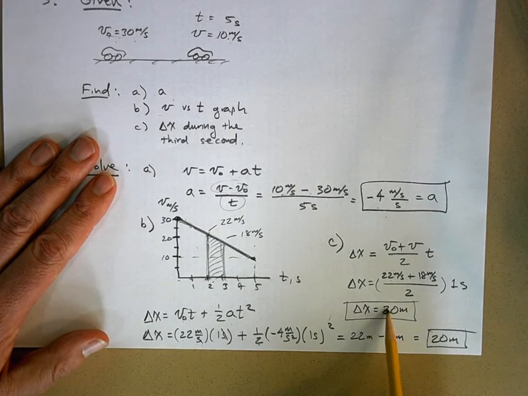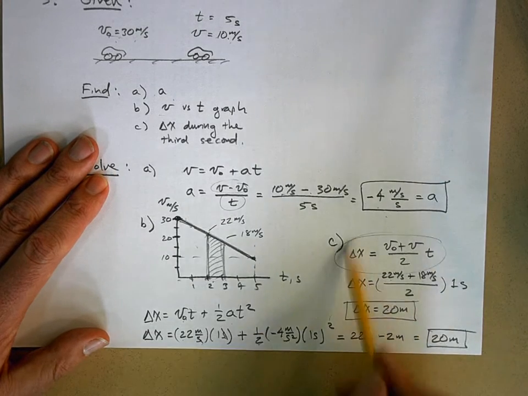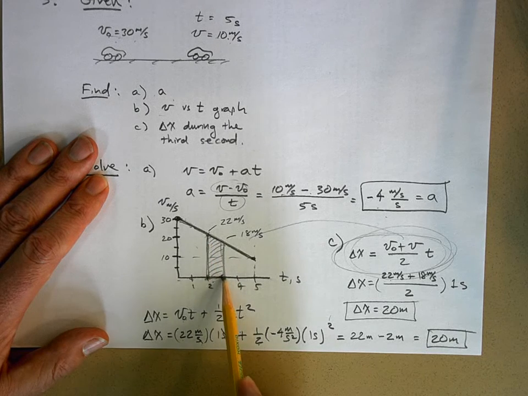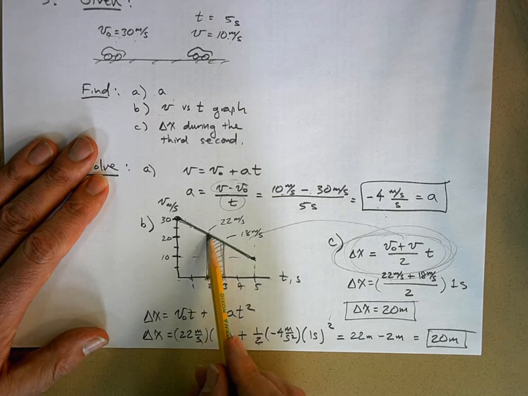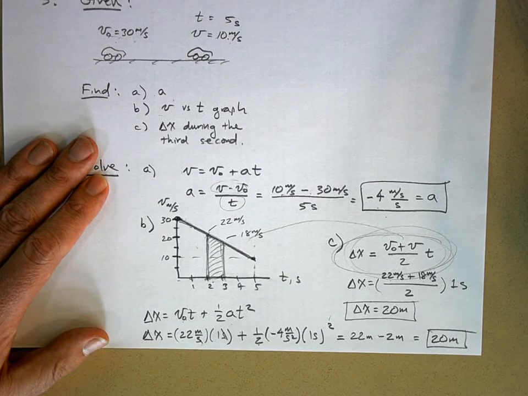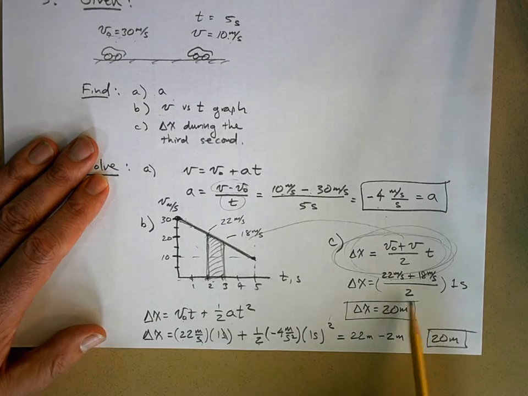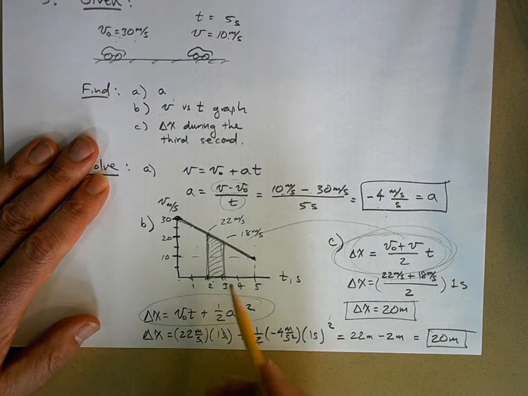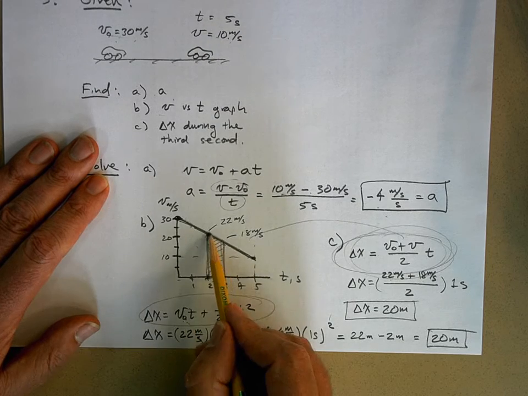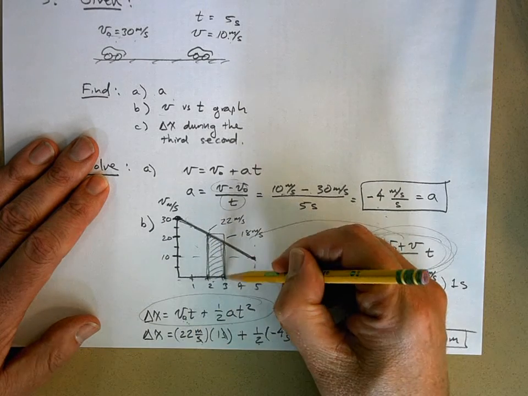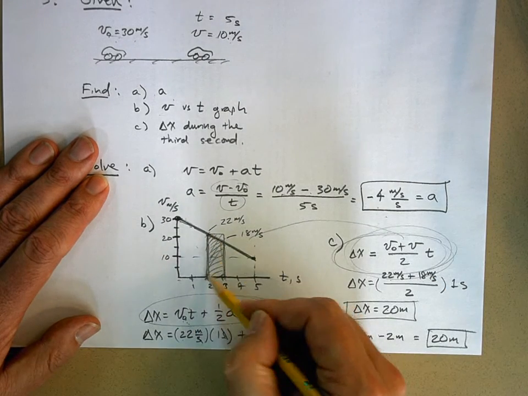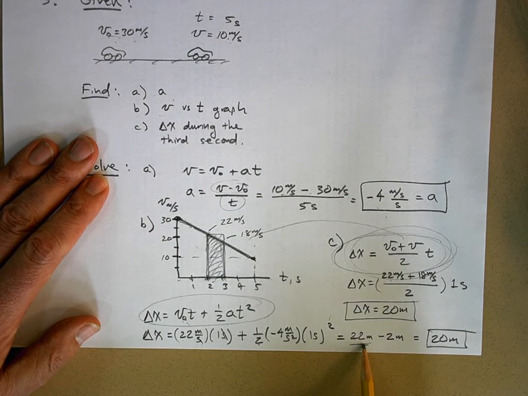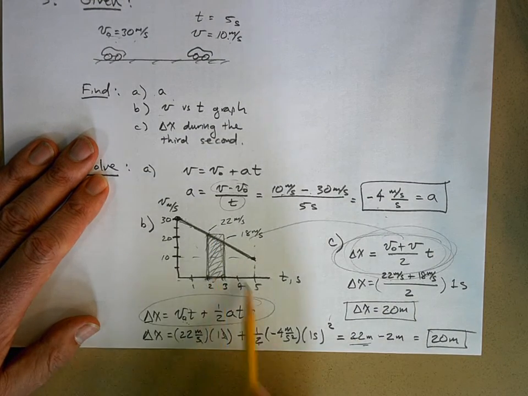Now this, using this kinematic equation right here, is like finding the area of a trapezoid. Yes? Yes. And then using this equation here, it's like finding the area of this rectangle right here, which gives me 22 meters, because 22 times 1 is 22.